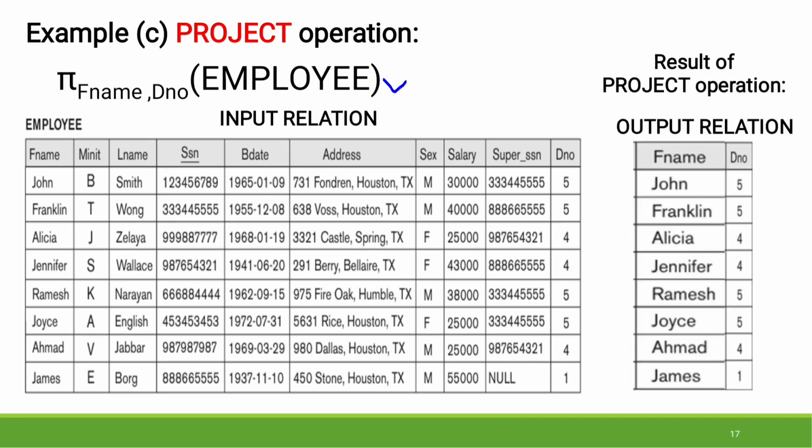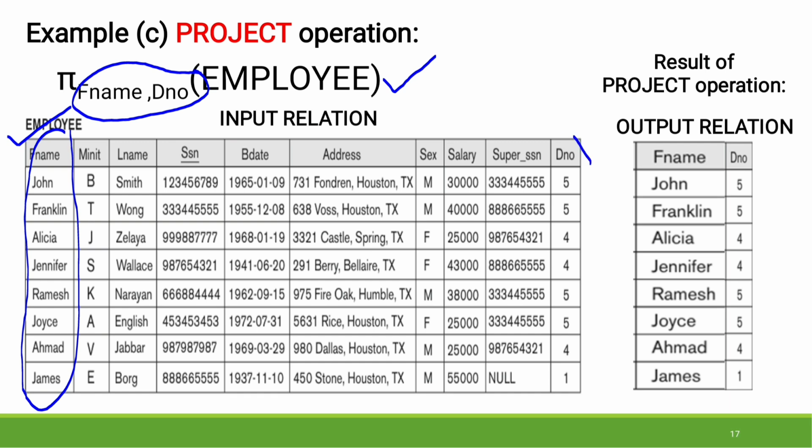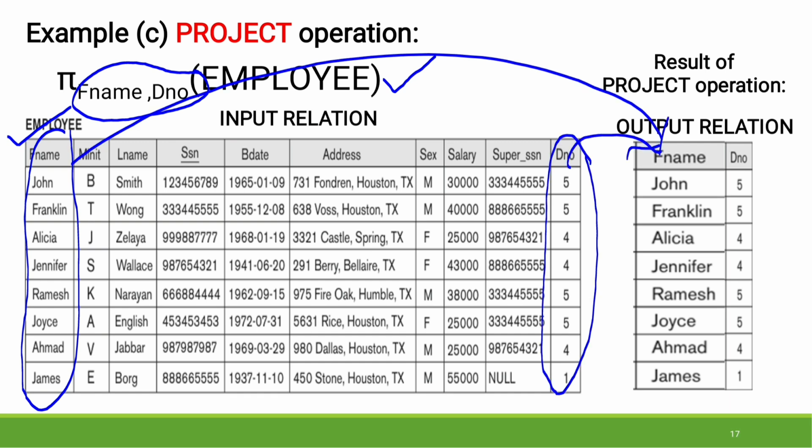For this expression, because two columns are mentioned, the F name column and the DNO column, only those two will be outputted. All the 8 rows will be present, but only two columns will be present in the output relation as per this relational algebraic expression.